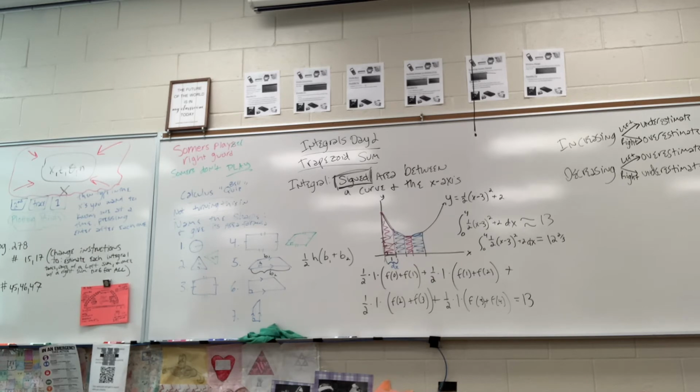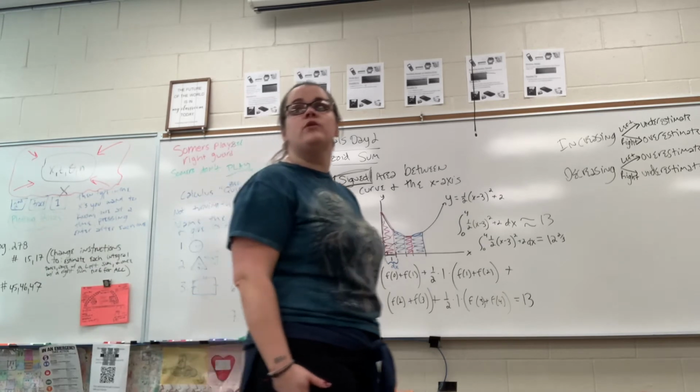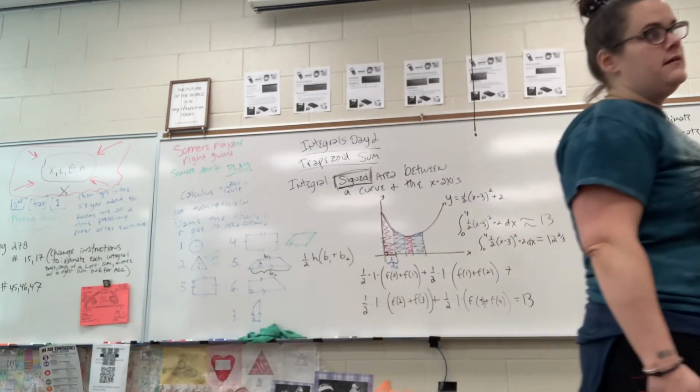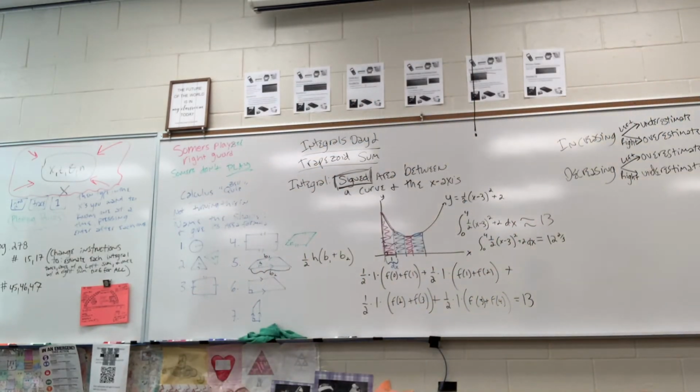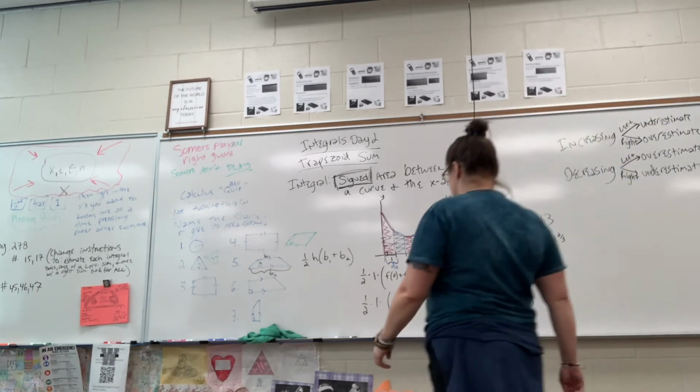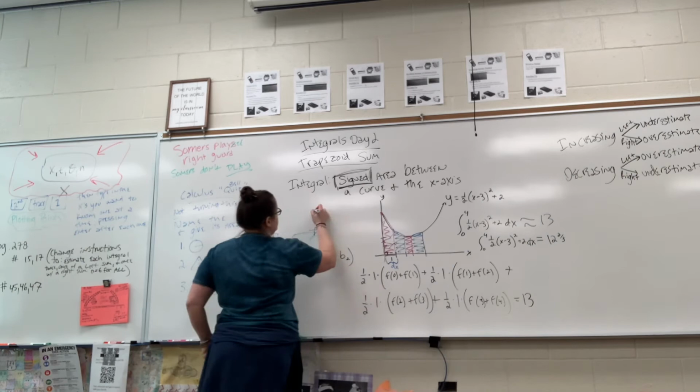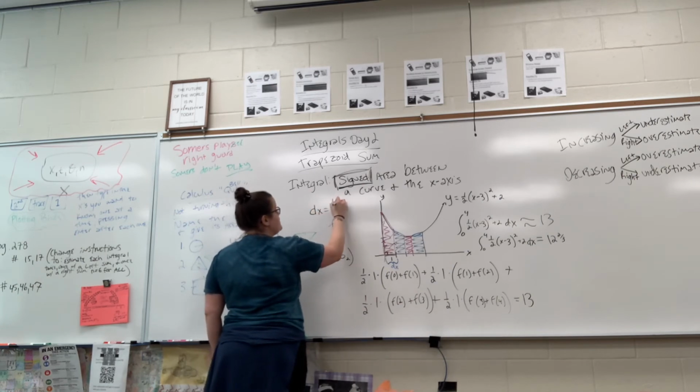Okay, now, how could I have gotten the dx value if I had just told you I wanted 4 subintervals of equal length? I wanted 4 trapezoids. We're gonna call that n. N is my number of shapes I want, or the number of subintervals. So this dx is always equal to b minus a over n.